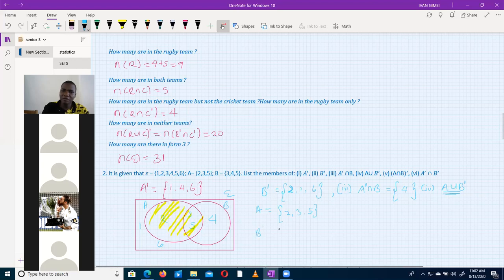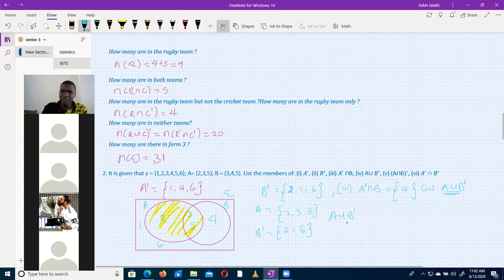The elements of B complement are, we've just formed them as 2, 1, 6. Now, if they ask you to state the elements of A union B, you state elements in the 2 sets, but avoid repetition. That's the definition of union of events. Have all elements together, but ignore those that are being repeated.